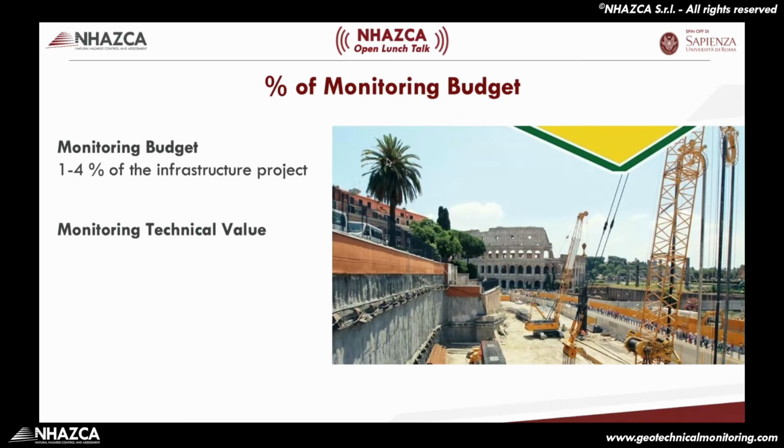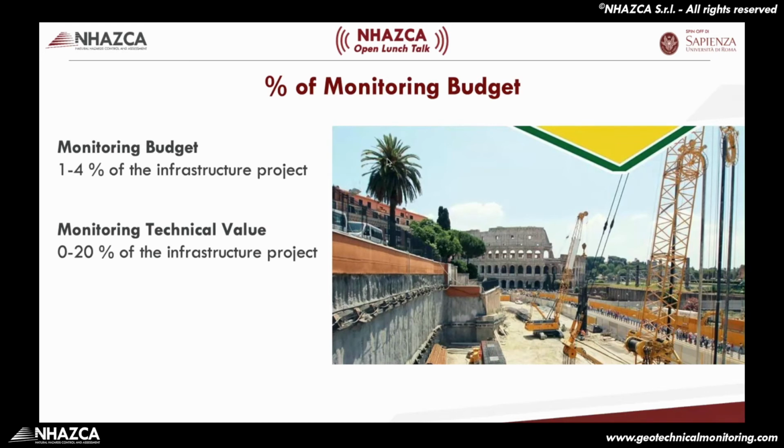And what I observed in the last years is that this value can range from 0. So in some projects, the monitoring is not giving points, technical points, for the evaluation of an offer. But in some cases, this value can reach 20%.